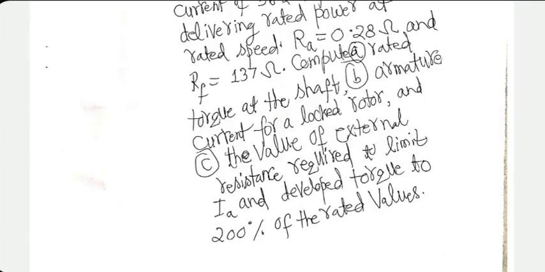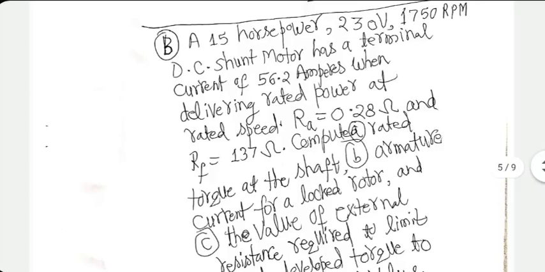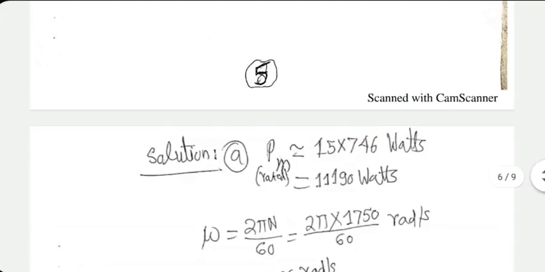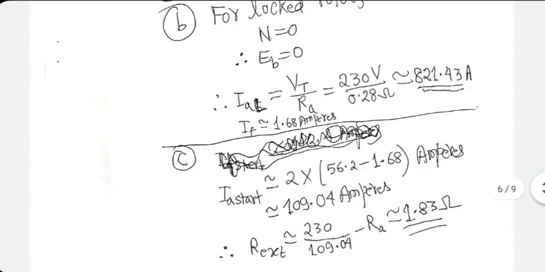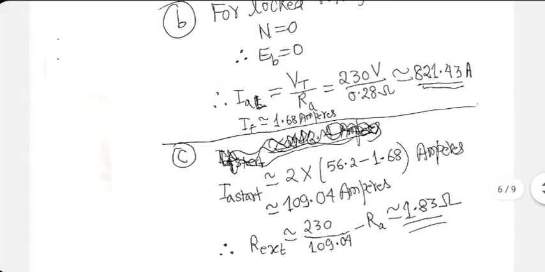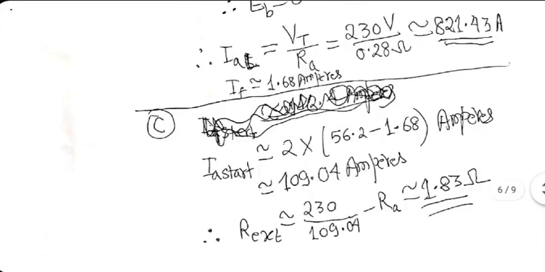If you want to limit, forget torque right now, the maximum armature current to 200% of the rated value. Rated value is 56.2 amperes. 200% of that will be 56.2 multiplied by 2. That is the maximum current allowed in the motor for safe operation. So R external has to be figured out based on that.